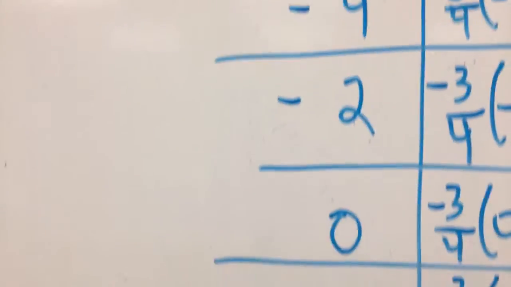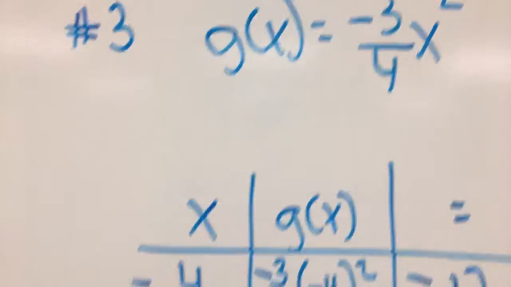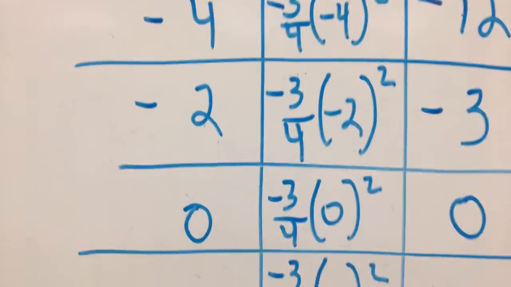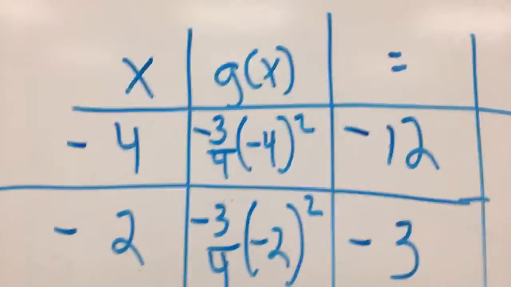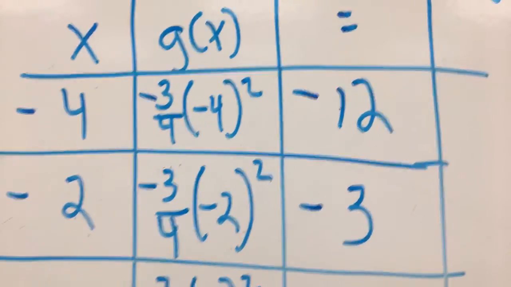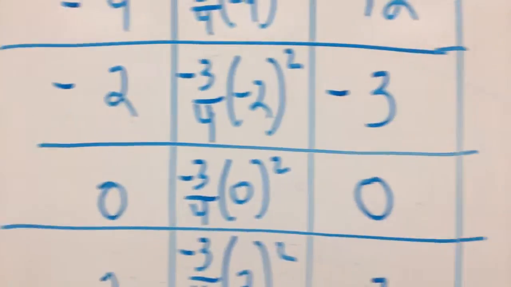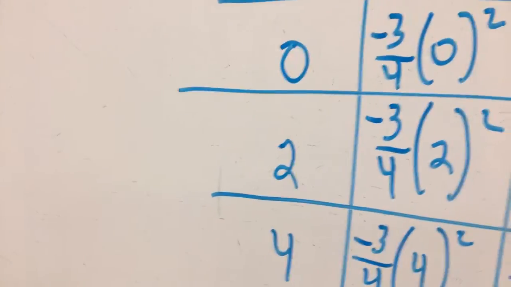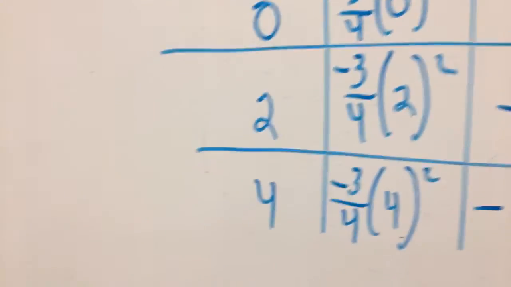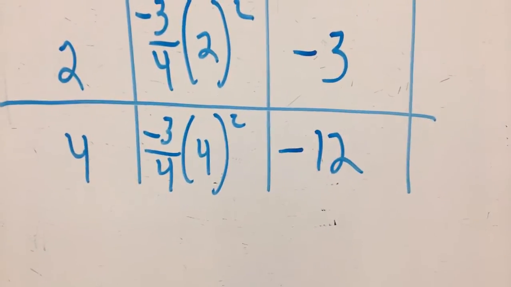So I plugged those values in to that rule, and if x is negative 4, I get a negative 12 out. If x is negative 2, I get a negative 3 out. If x is 0, I get a 0 out. If x is 2, I get a negative 3 out. If x is 4, I get a negative 12 out.